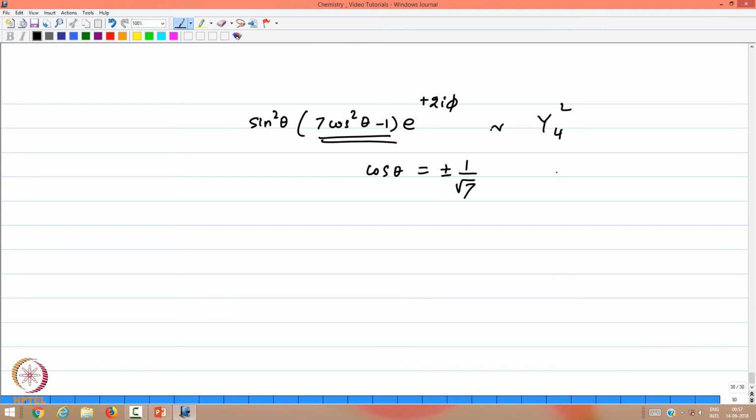Therefore, those are the angular nodes in the radial coordinate theta 0 to pi. So, the values of plus minus 1 by root 7. So, somewhere here and the corresponding minus. Okay. 2 nodes. These are the nodes due to the theta.